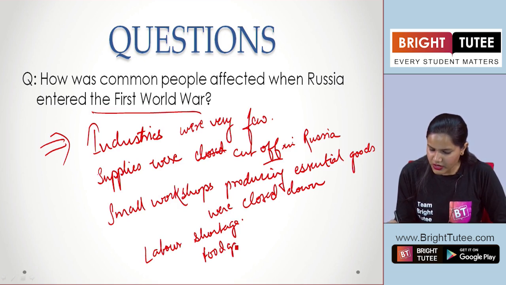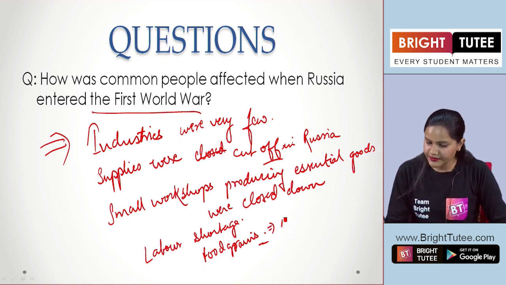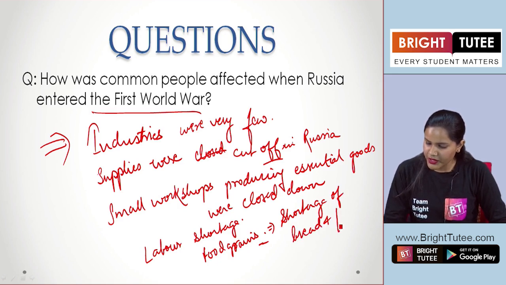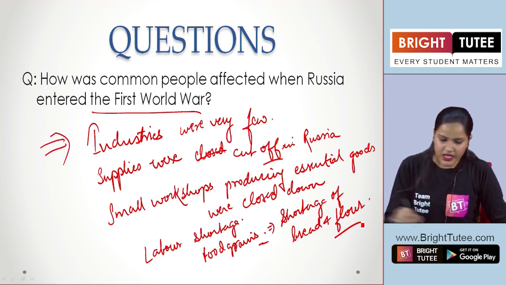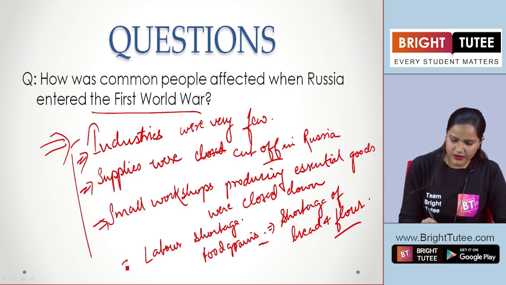The food grains were also supplied to the army to feed them, right? It led to the shortage of bread and flour for the people, for the common people. So these are some of the points that you have to mention in your answer.